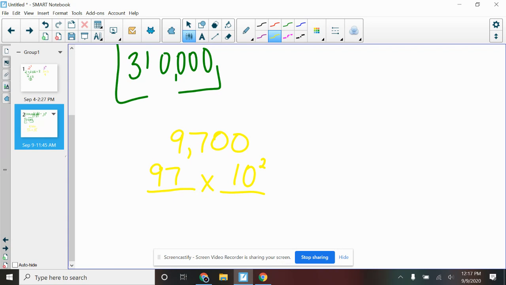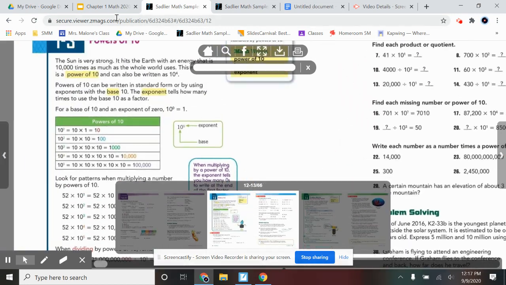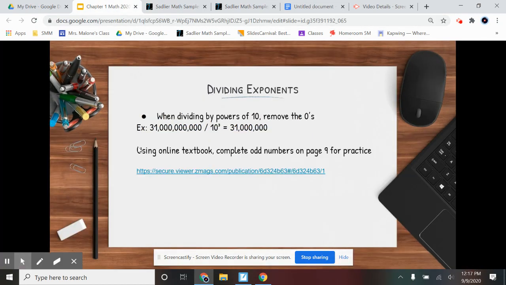So your assignment is going to be to do what Google slide number, I think it's 11 says to do, which is basically using your online book, complete the odd numbers on that page. You're going to start with number 7 and you're going to stop at number 27, I believe.